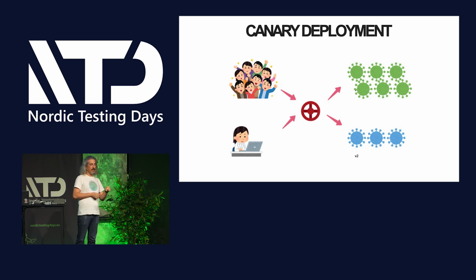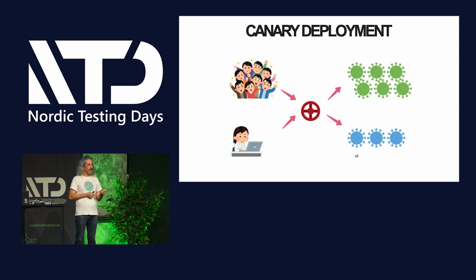You examine the traffic. You see if that section of people are getting a successful version or a successful application, whatever your success metric is. And then you can increase how many people are getting the new version until you go up to 100%. With the idea that if, for whatever reason, you realize something is broken, you just have to drop these percentages and everybody goes to the old version.